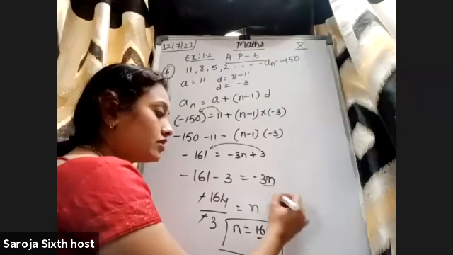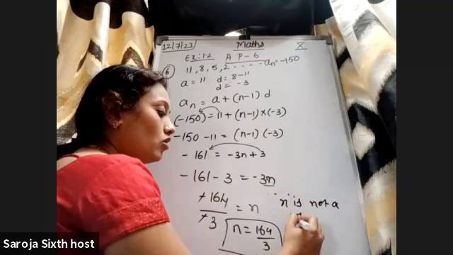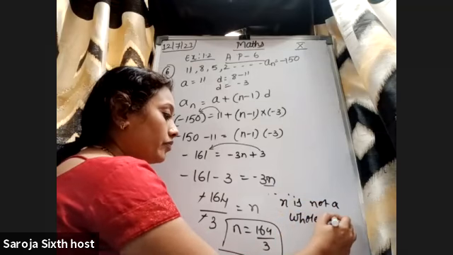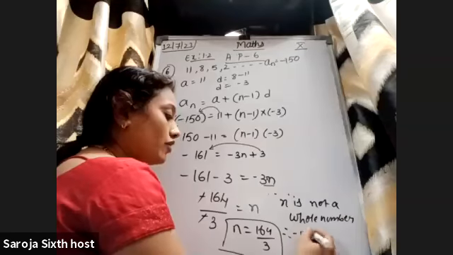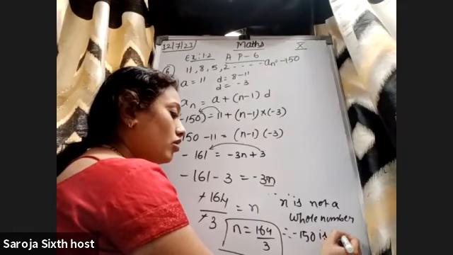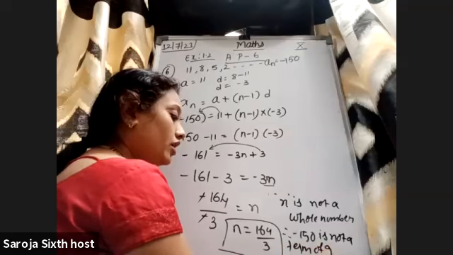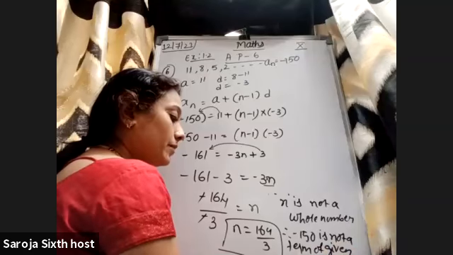You should write: as n is not a whole number, therefore minus 150 is not a term of the given AP.